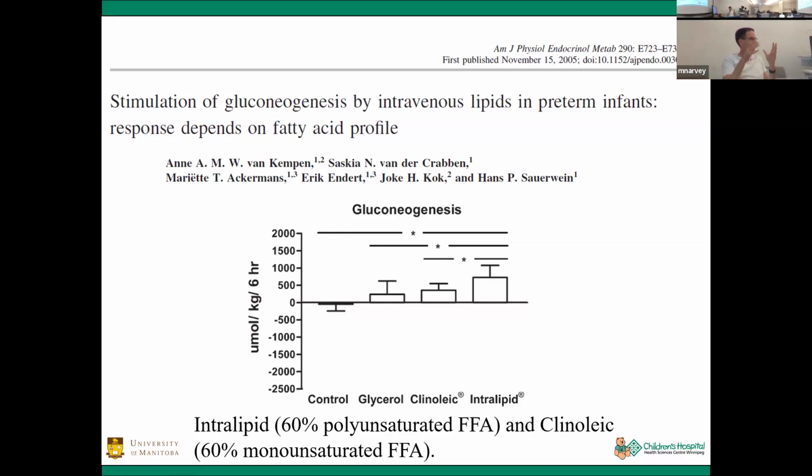I'm beating a dead horse in this comment, but we don't know what it is about the lipid. But provision of lipid, which is necessary for proper metabolism because you need a balance of protein, energy, and fat, will have in some babies the consequence of also elevating blood sugar.